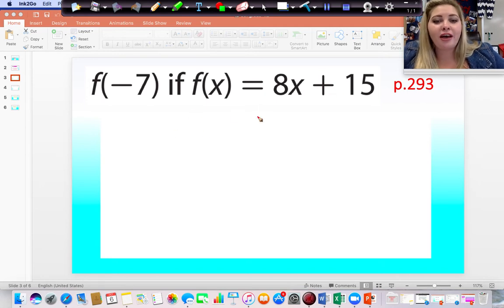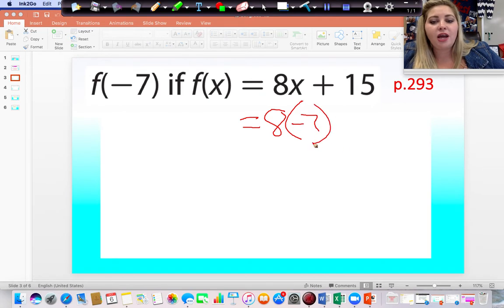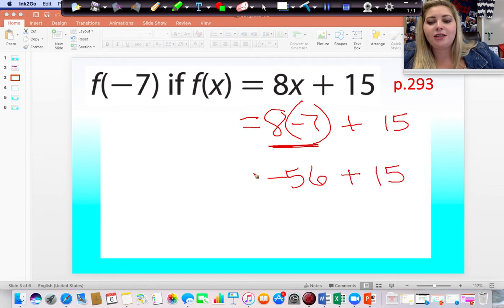So if f of x equals 8x plus 15, instead of the x, we are going to insert negative 7. So we've got 8 times negative 7. We need to do that first. 8 times negative 7 gives us negative 56. So we've got negative 56 plus 15.